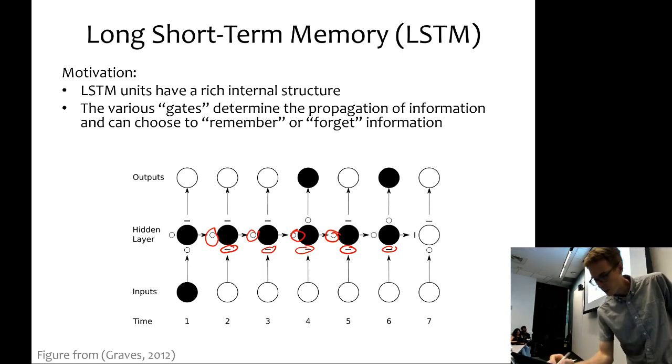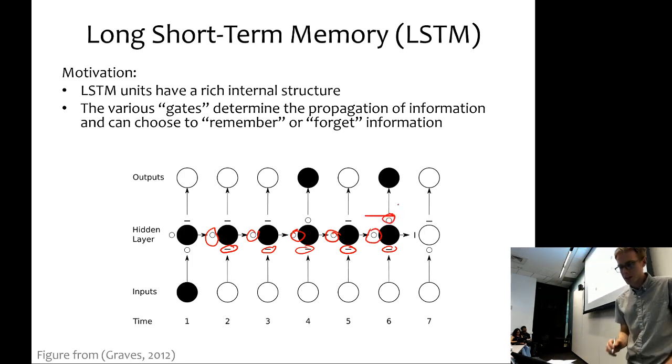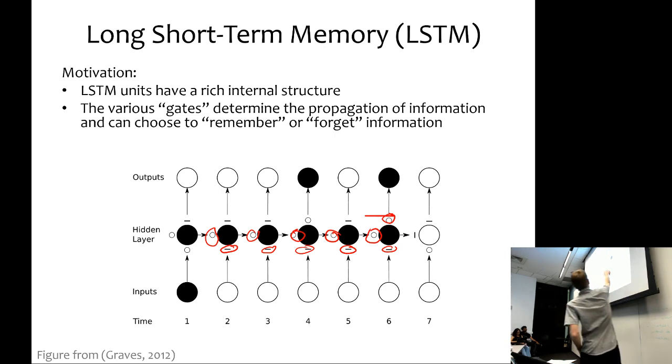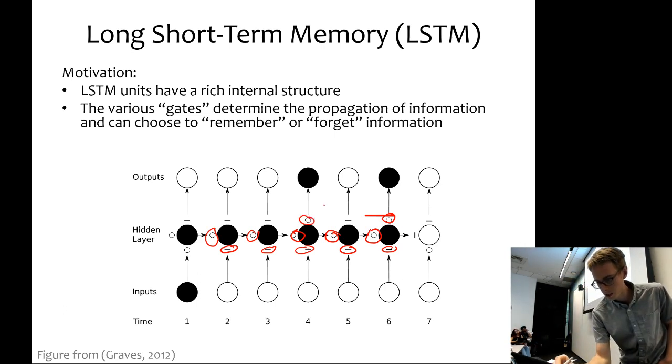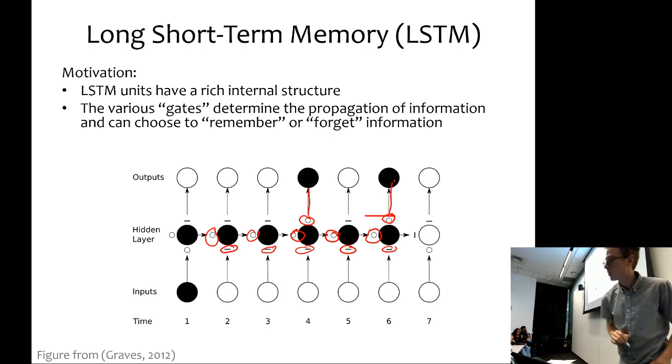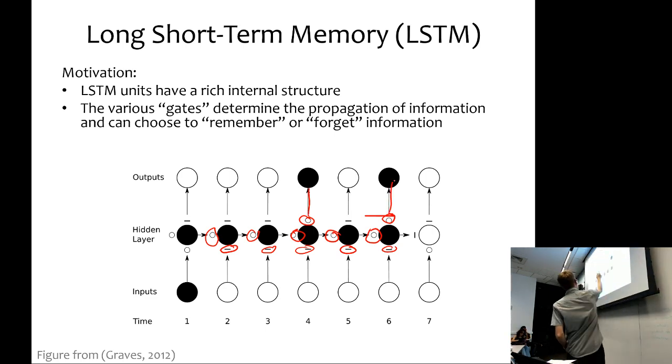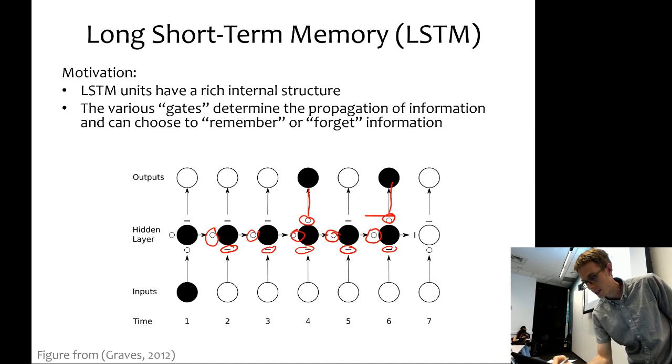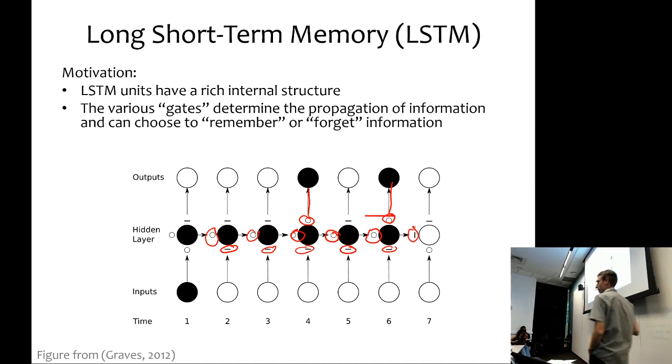Okay. At this point, it gets to time step 6, and there's an open gate on the top that allows that information to flow out the top. Okay, this actually already also happened at time step 4 as well. But then finally we hit this closed gate, and the information from time step 1 doesn't continue to flow through.